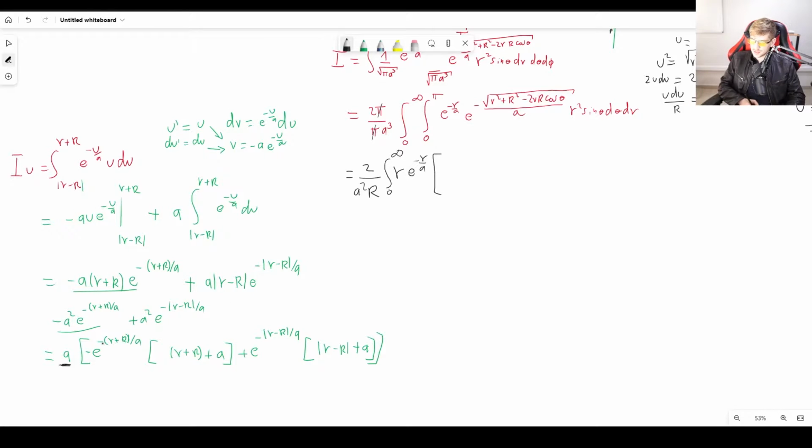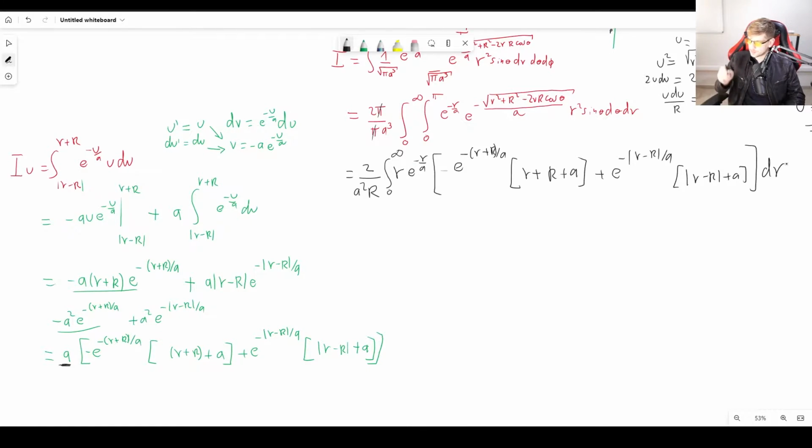Okay, so now let me copy this. So we get minus e to the minus r plus r over a, factor of r plus a, plus e to the minus, oh, there's a parenthesis missing, absolute value of r minus r over a, r minus r plus a.